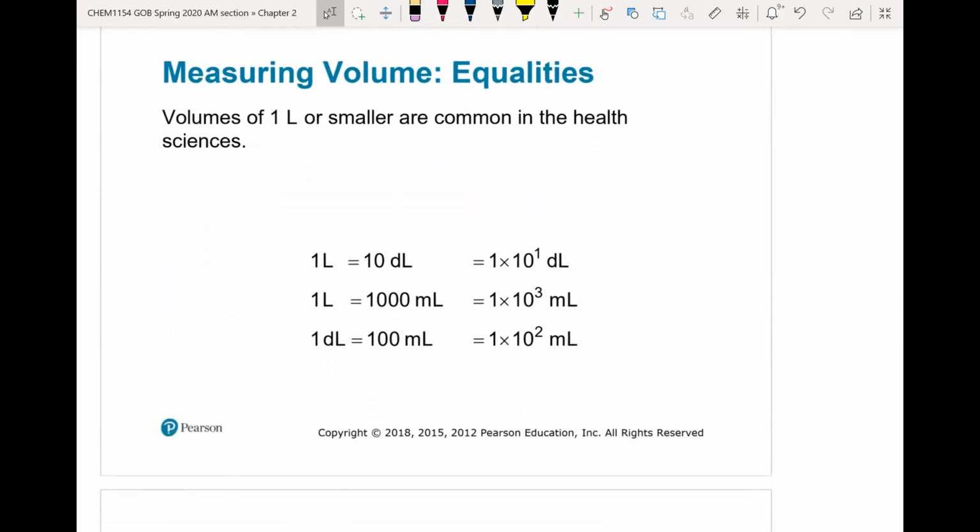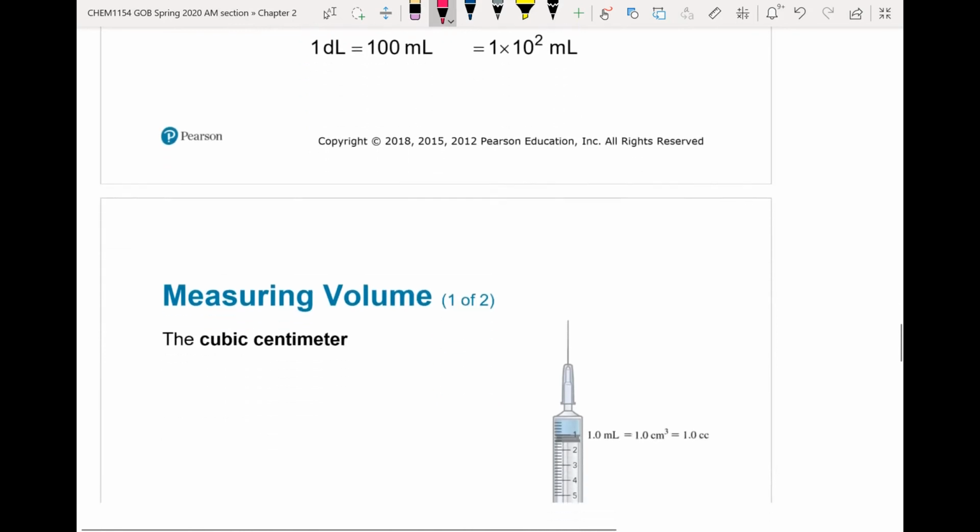All right, and I'll just take a look at the one here in the middle. A liter, the base unit for volume in the metric system, is equal to 1,000 milliliters. Or we can say a milliliter is 1/1000th of a liter. So one thing equal to another thing is all that an equality is. You get them in the metric system, you also get them in other systems.